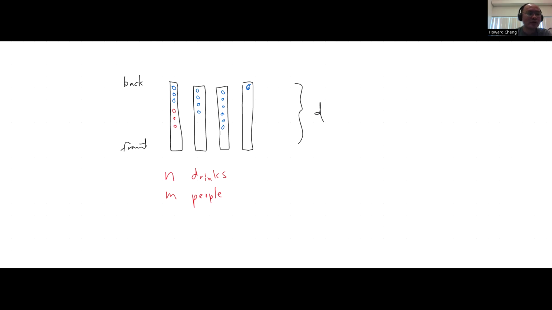So if you think about this requirement again, what you want to do is take the slot that has the most number of free spots, or in other words, the fewest number of drinks that are already there, and use all the spots as much as you can to fill the N drinks.